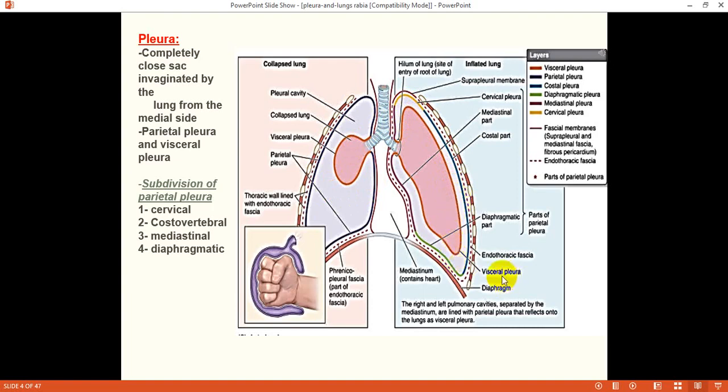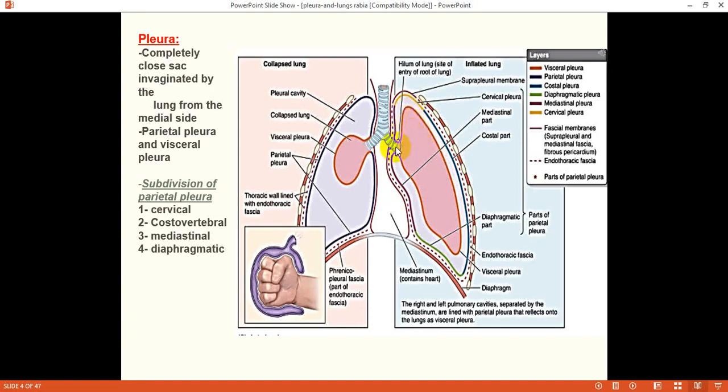The visceral pleura is going to line all the surfaces of lungs, all the fissures, even may dip into the fissures. And visceral pleura is basically adherent to lungs. And when we do dissection and observe the lung in cadaveric specimen, we cannot differentiate or separate visceral pleura from the lungs.